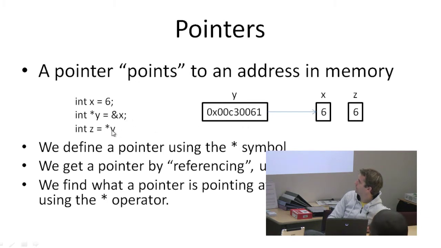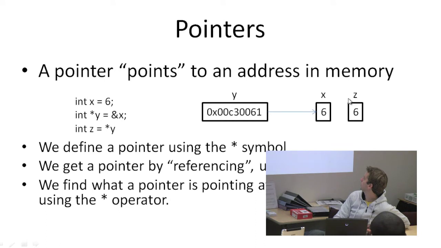When we have int z = *y, this is just an int z, so we know it's actually going to store a value. It's not going to store an address to a value. The star here is what's known as dereferencing. We're not interested in what is in y, we're interested in what y points to. So we want z set to whatever y points to.